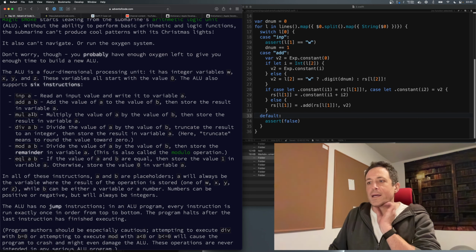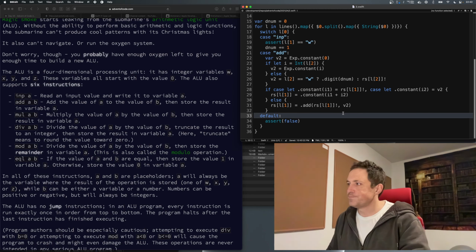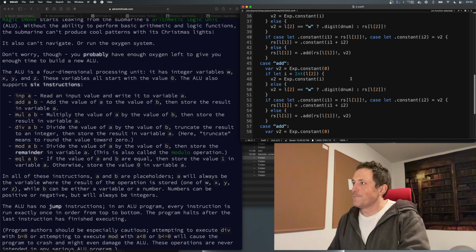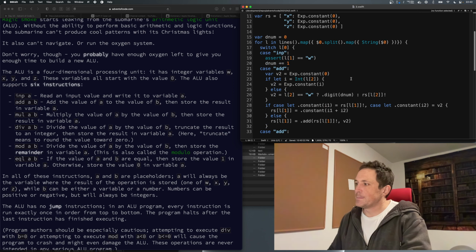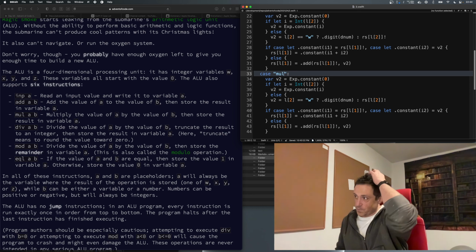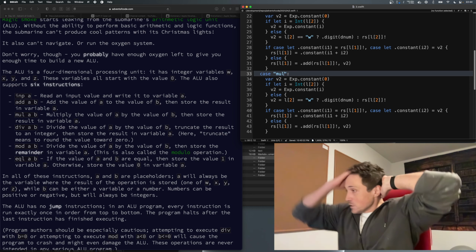So add multiply divide mod. Add multiply divide mod. Multiply. Okay.